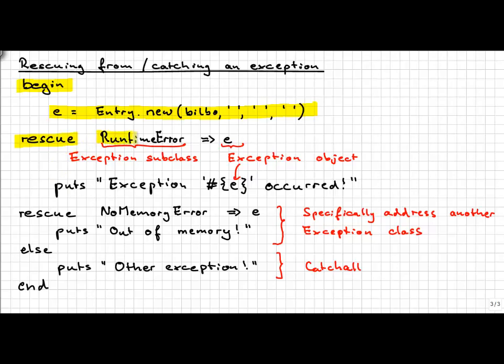Here I've given the runtime error as one example, and you can bind the exception object that has information about the exception to a variable e here, and then you can use the variable e or the exception object passed into it to construct a meaningful error message.